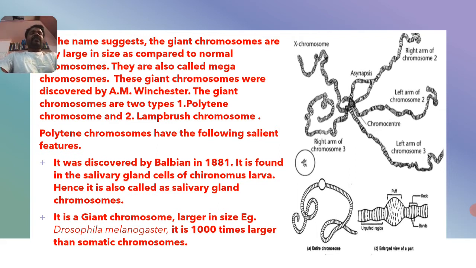This is the structure of the giant chromosome, mainly the polytene chromosome.